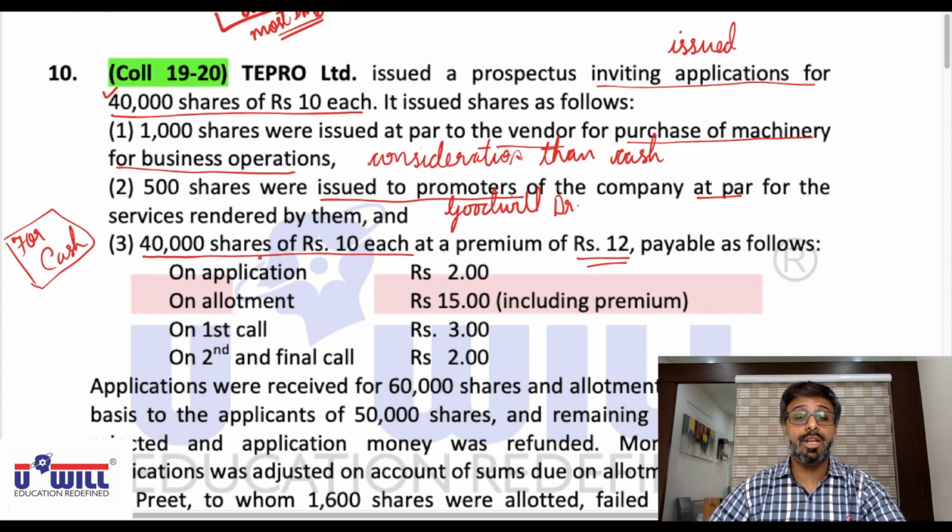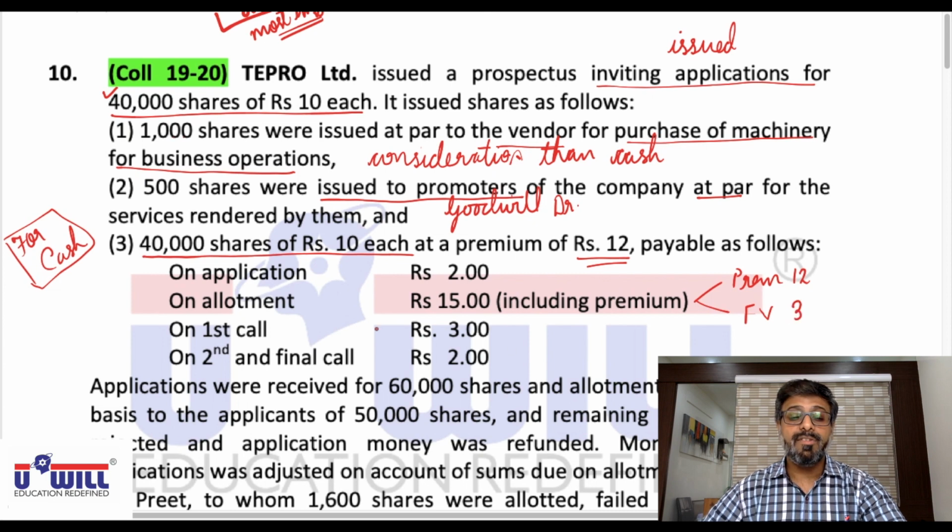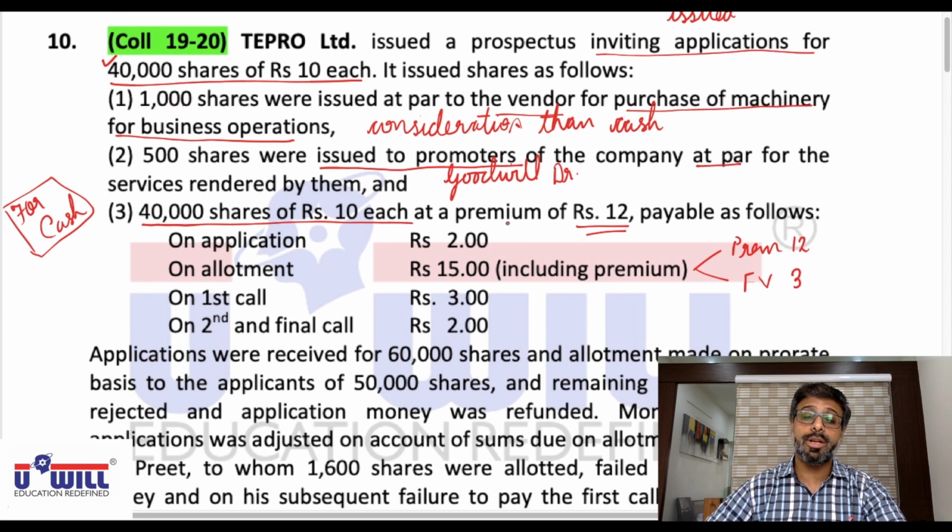And then we will have regular entries of issue of shares for cash. 2 on application, 15 including premium on allotment. So out of this 15, premium is 12 rupees and the remaining amount towards face value is 3 rupees. First call 3, final call 2, you can cross check. 2 plus 3, 5 plus 3, 8 plus 2, 10. That makes the face value of 10 rupees.